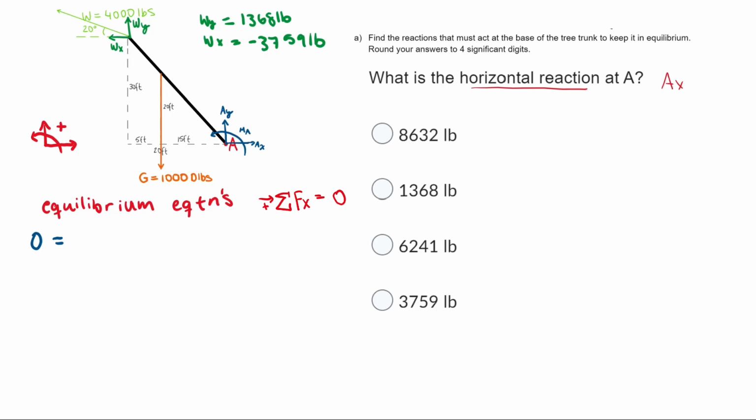So in this case, AX, which we have established is positive, minus, because WX is going the other way, the absolute value of WX. Now what's important to note here is that you have to be careful with your directions when writing your equilibrium equations. You don't want to accidentally put the negative twice.